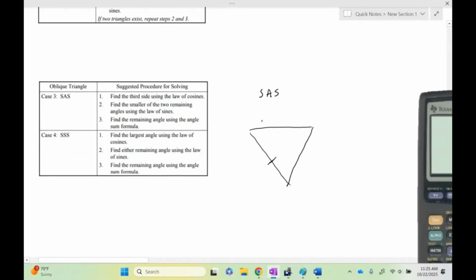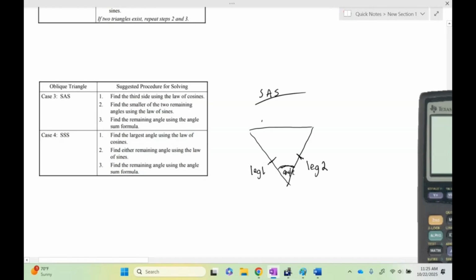You'll be given the length of one of the legs, one of the sides. I'm going to call that leg 1. You're going to be given the angle measure, the included angle, and you're going to be given the measure for another leg. So you're going to have 2 legs and the angle in between the 2 legs. This is the side angle side setup.